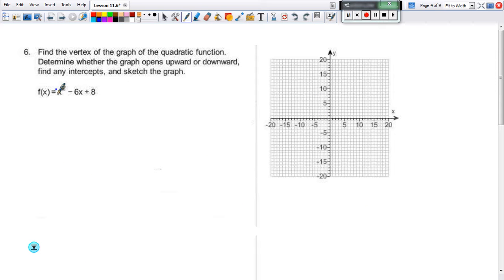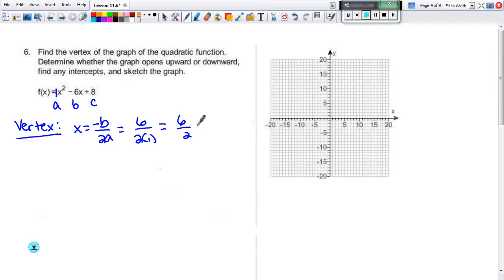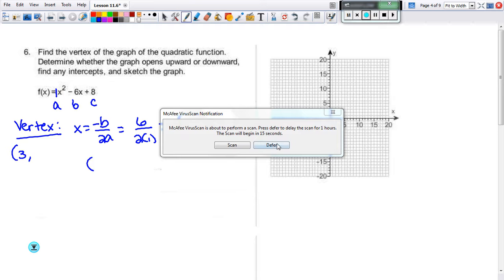Okay, this next one, A is 1, B is -6, and C is 8. So the vertex is x equals the opposite of B over 2A. So that's the opposite of -6 is +6 over 2 times 1. That's 6 divided by 2, which is 3. Then you plug that into the function.